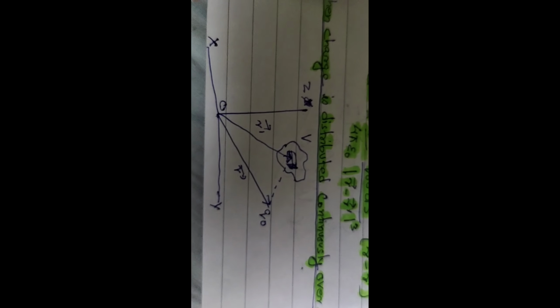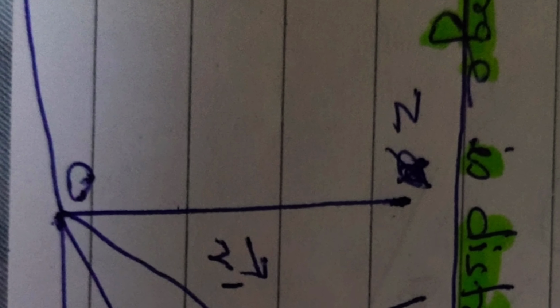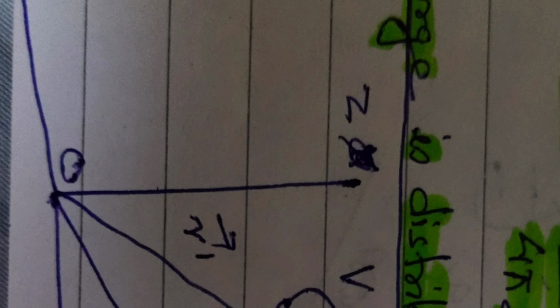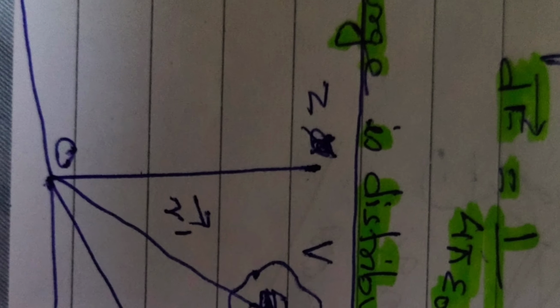Number 3, when charge is distributed continuously over a volume. Here is the picture. A volume V, capital V, having a uniform continuous distribution of charge. Suppose that we have to find the force due to volume charge V on a point charge placed at a point whose position vector is small r, as shown in the figure.